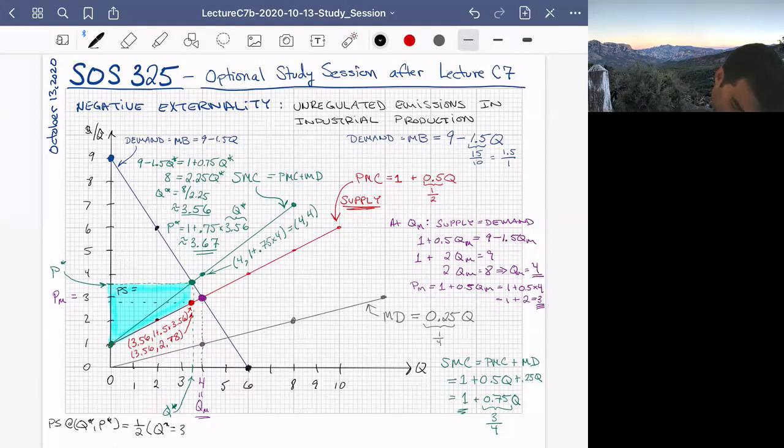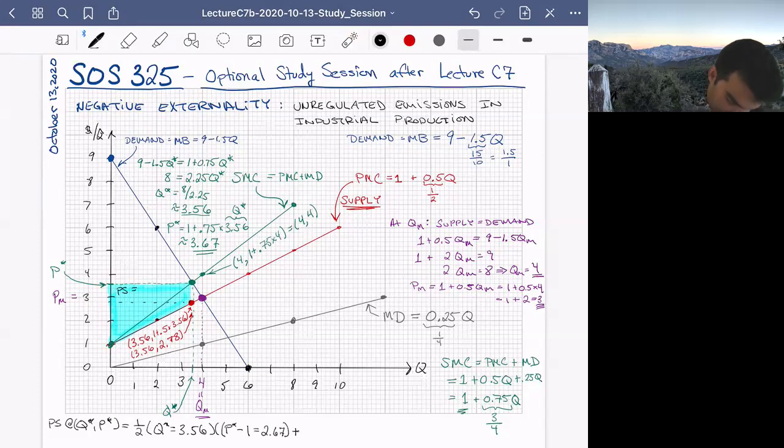I'm looking up at the chat to see if I missed anything. And then the two bases we add in here: this long height is an easy one. That's just P star minus 1, which is equal to 2.67.